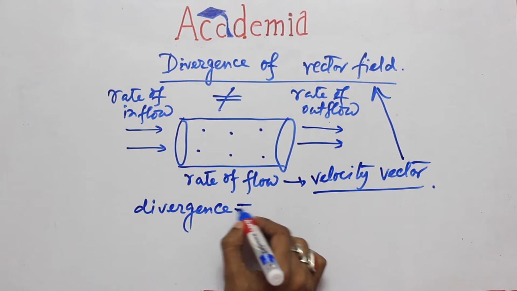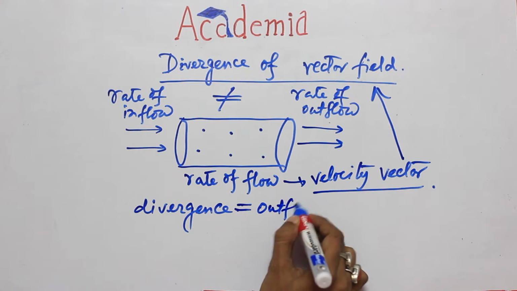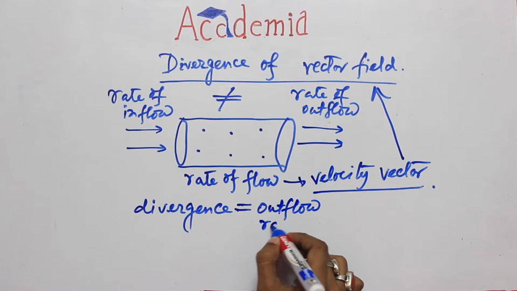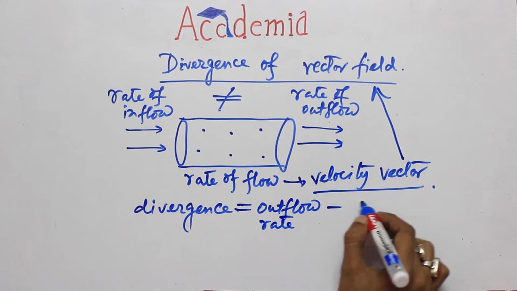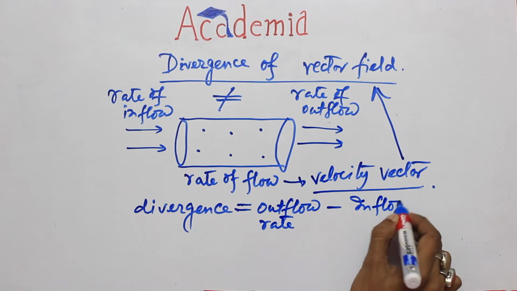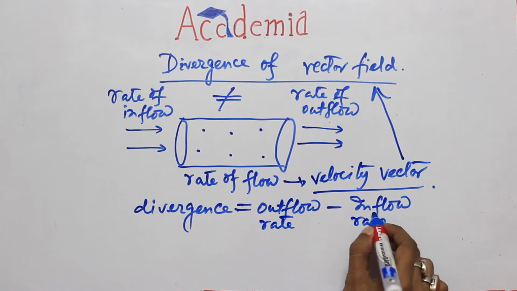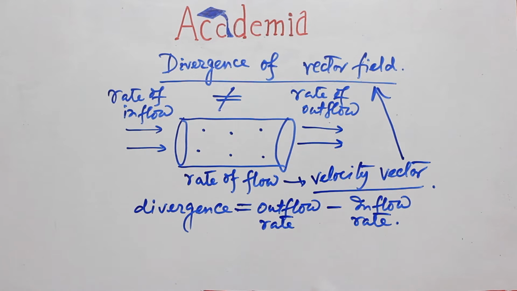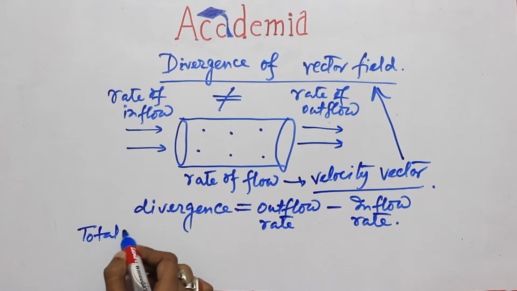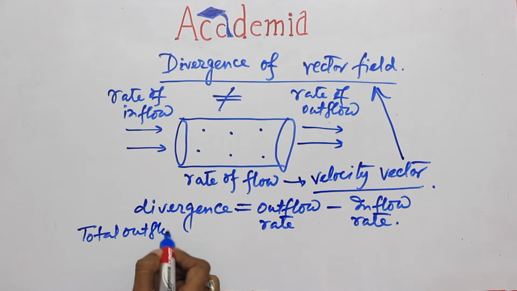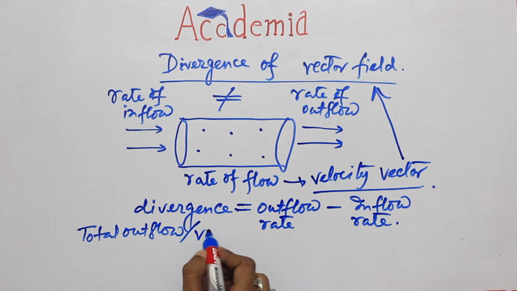It is basically the difference between the outflow rate and the inflow rate. Outflow rate is measured by total outflow by volume. Similarly, inflow rate is measured by total inflow by volume.